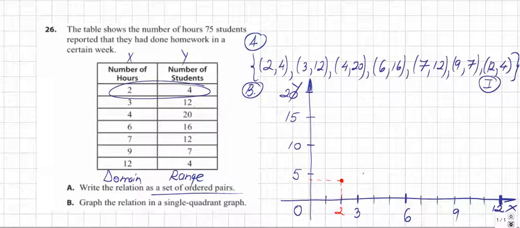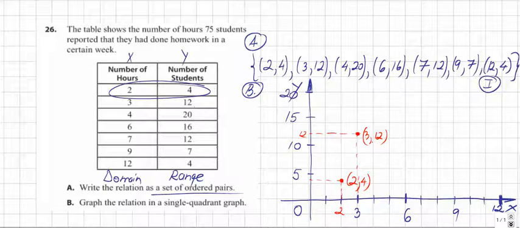Next one, 3 and 12. Well, this is 10, so 12 will most likely be here somewhere. If I go with a horizontal line from 12 and a vertical line from 3, the point will be there. And if you want, you can label them. This is 3 and 12.